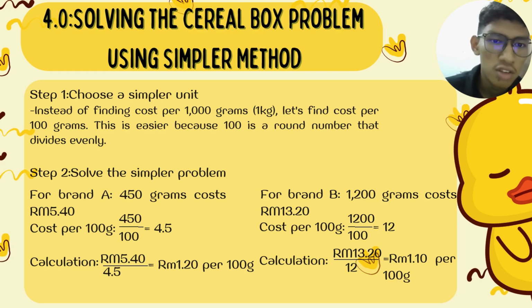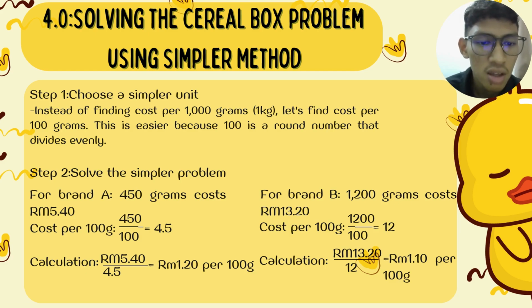Okay, now for the next step, solving the cereal box problem using the simpler method. Step one is choose a simpler unit. Instead of finding cost per 1,000 grams, which is 1 kilogram, let's find the cost per 100 grams. This is easier because 100 is a round number that divides evenly. Step 2 is solve the simpler problem.